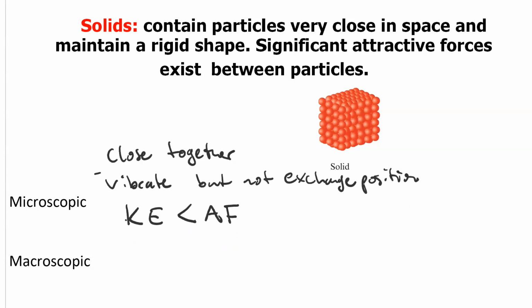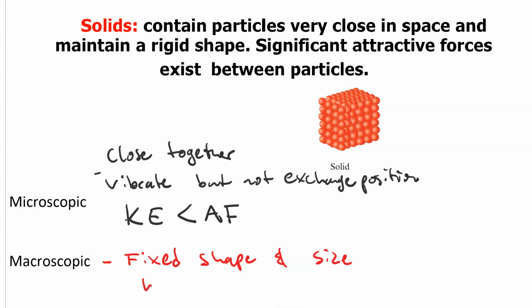In terms of their macroscopic properties, their shape is fixed. You can't change the shape of a solid. Well, maybe if it's a metal you can, but generally it's not going to just expand to fit any size container. So it's got a fixed shape and size, right?